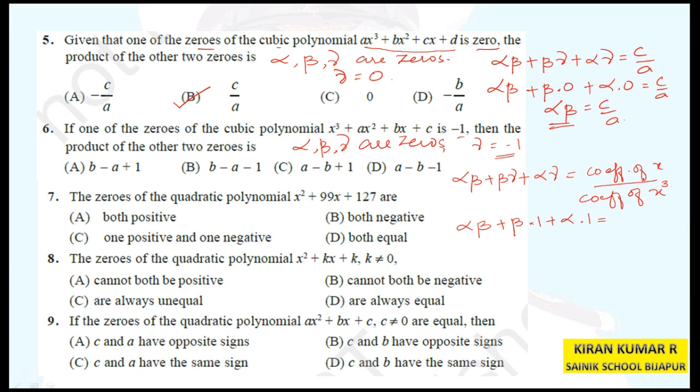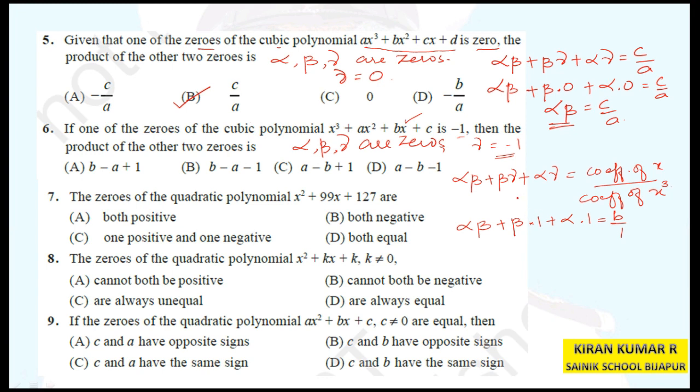What is the coefficient of x? The coefficient of x is b. They are given a and b values here, so that you'll get a little confused. So we'll consider coefficient of x, which is b, upon coefficient of x cube. Coefficient of x cube is 1.